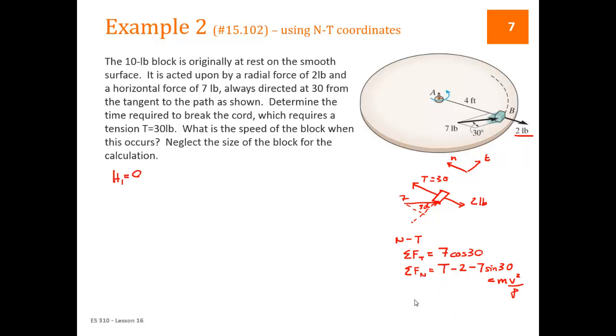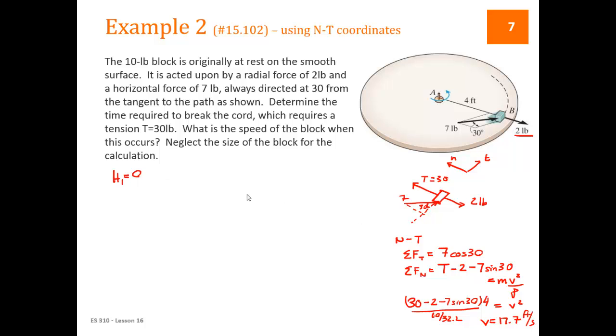So we get 30 minus 2 minus 7 sine of 30 divided by the mass, which is 10 divided by 32.2, times the radius, which is 4, is equal to v squared, so v becomes 17.7. So we now know that at the point where this breaks, the block is going to be moving 17.7 feet per second.